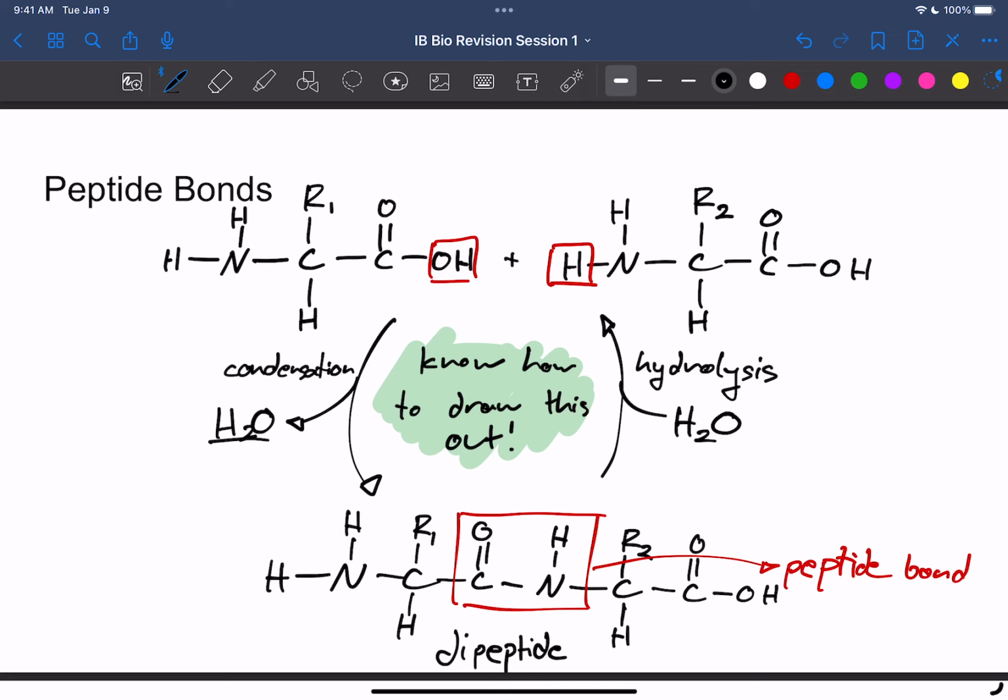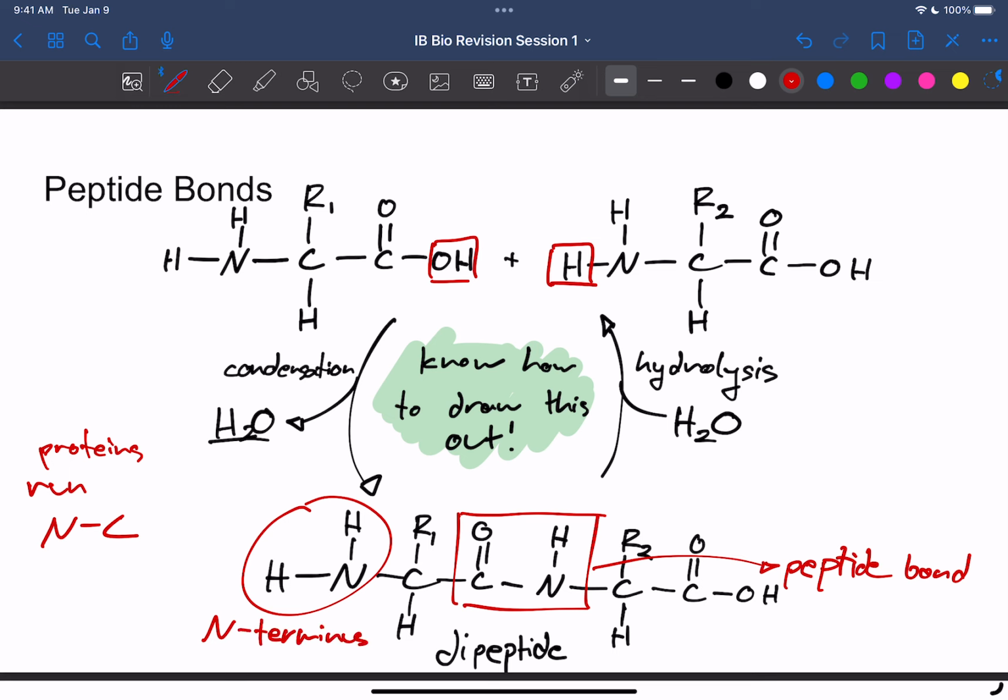Another thing I will say is that polypeptides or proteins run N to C. What does that mean? Well, in this dipeptide, we have this free NH group, and this is called the N-terminus, because it's terminal at the end and it's an amino, or amino terminus. What's this thing?